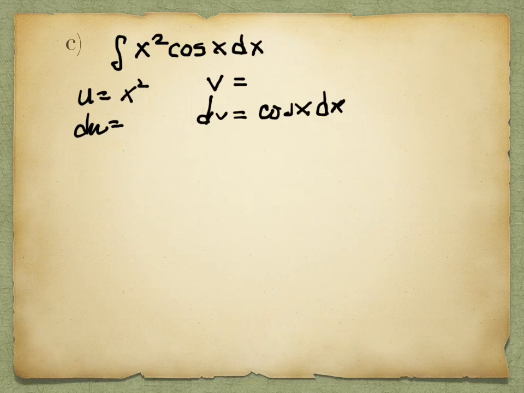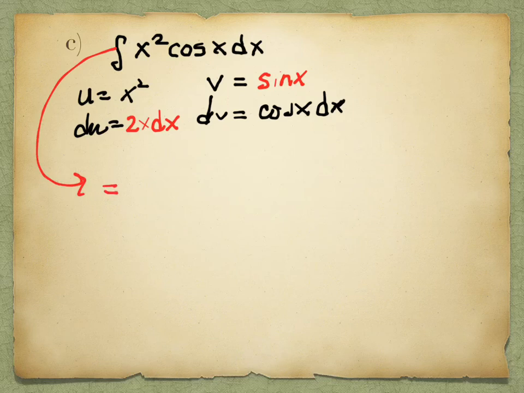Okay then, what's the derivative of x squared? 2x dx. And what is the antiderivative of cosine? Sine. That is sine all by itself, no negatives, right? Right, yep, just sine.